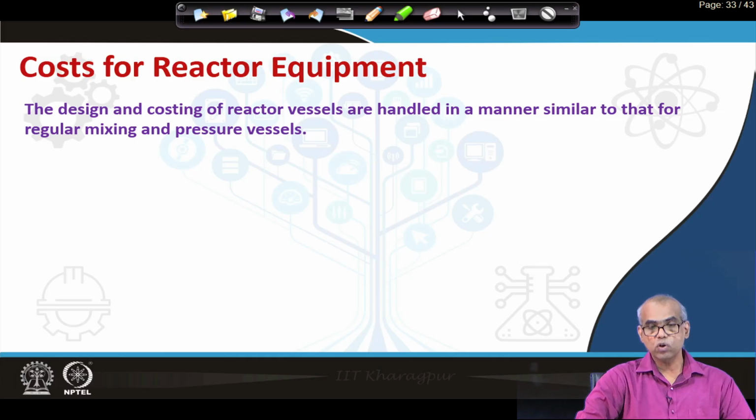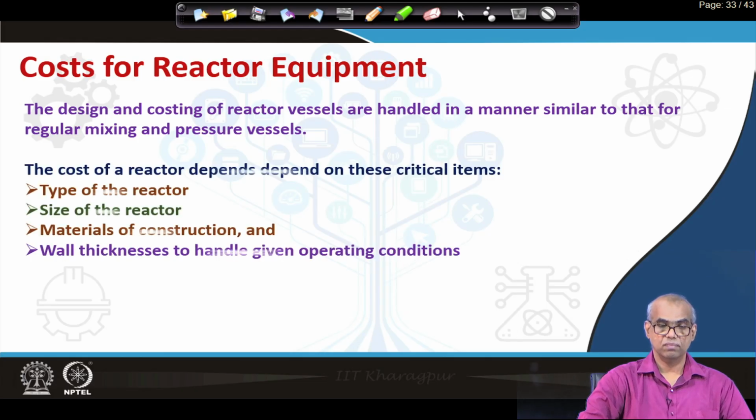The design and costing of reactor vessels are handled in a manner similar to that for regular mixing and pressure vessels. The cost of a reactor depends on various items such as type of reactor, size of the reactor, materials of construction as well as wall thickness to handle given operating conditions.